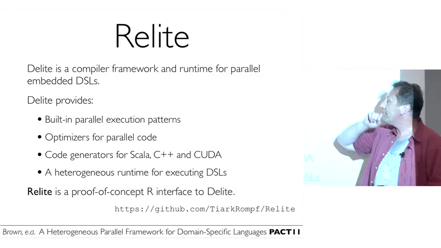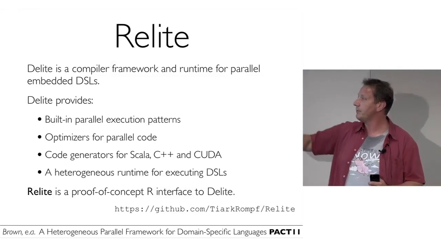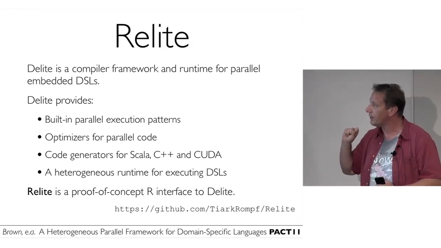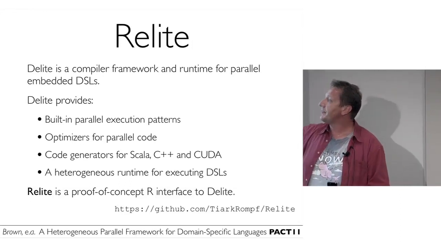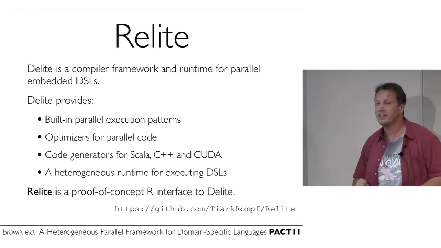So Delight. That's the last bit I want to tell you about. Delight is a project done by Stanford and Oracle. And one of the guys, TR Crump, took a couple of days and implemented Delight. So what is Delight?